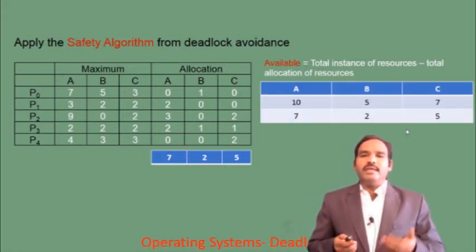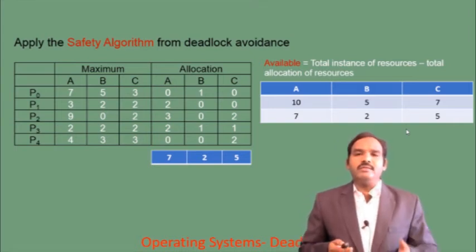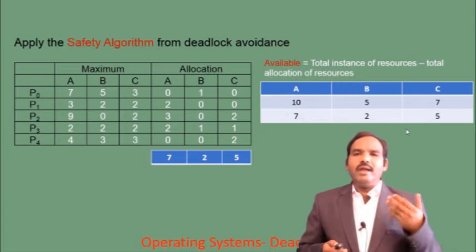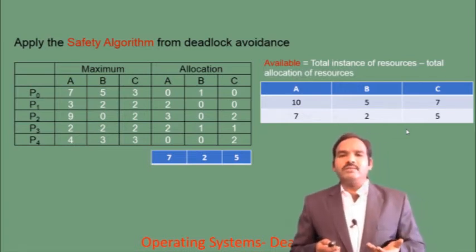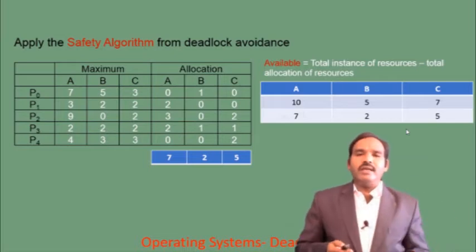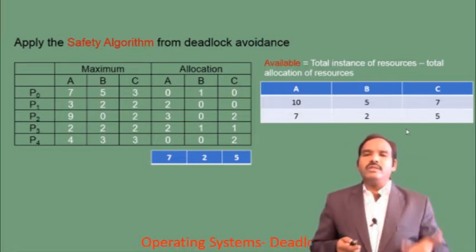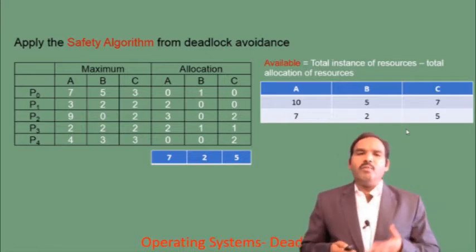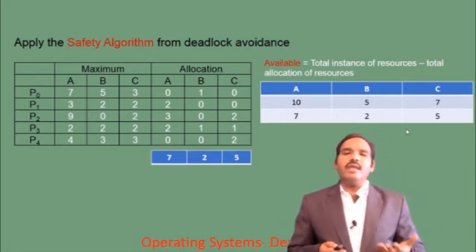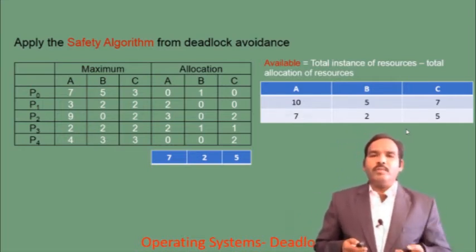Here A has 10 total instances, B has 5 total instances, and C has 7 total instances available. But 7 instances of A are already allocated among 5 processes, and 2 instances of B allocated among 5 processes. Similarly, 5 instances of C are allocated from P0 to P4 processes.